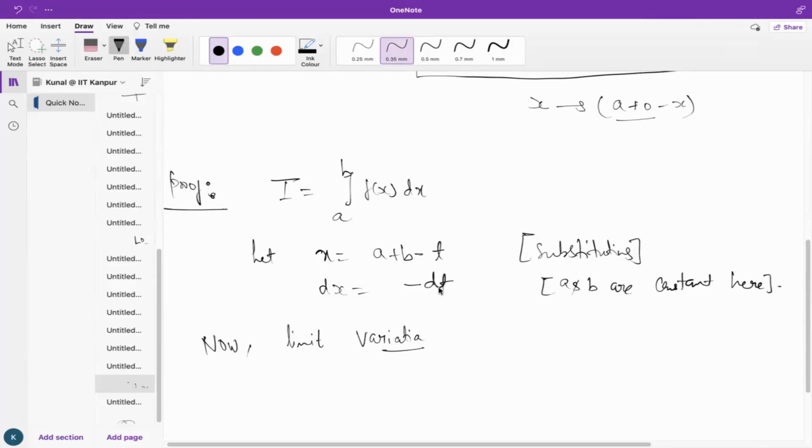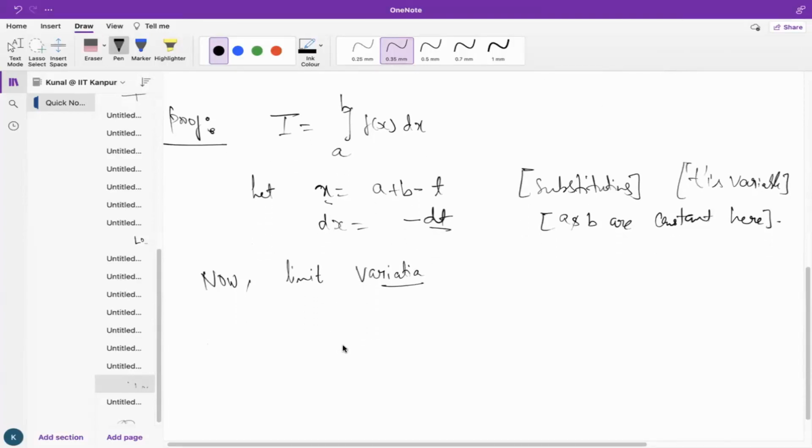Now I am going to integrate in terms of dt, because I substituted the value of x as a plus b minus t, where t is some kind of variable. So now our elementary element changes. My new elementary element is dt. So I have to apply the limit variation and observe how our limits vary.